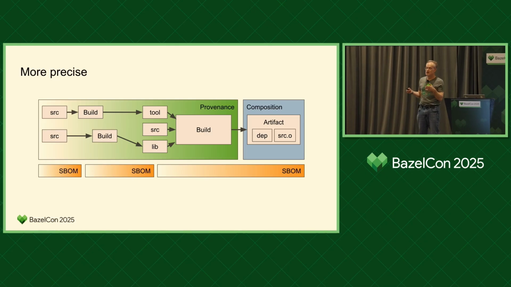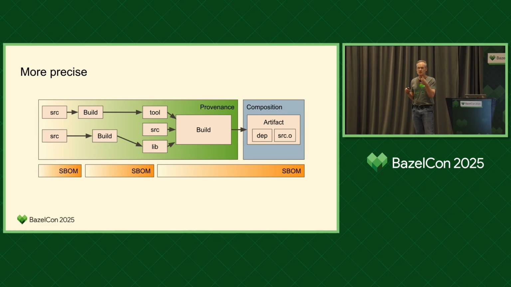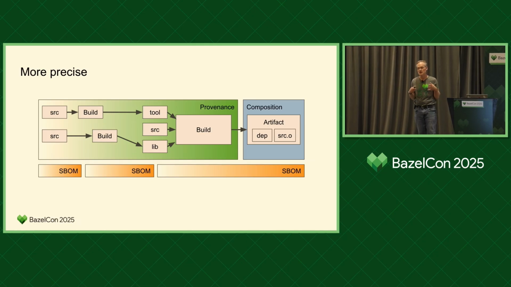And then on the left, we can talk about provenance. So provenance might start with the first-level inputs to a build, but it actually goes much deeper. And the set of information that you can include in provenance is essentially unlimited. You would start, of course, with the composition of all of your inputs.